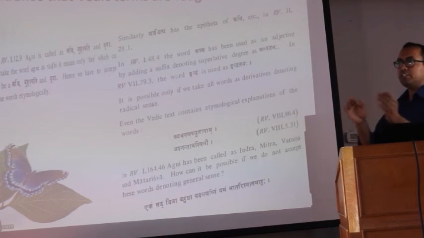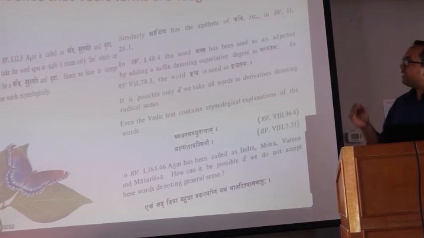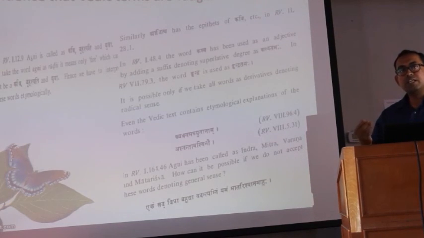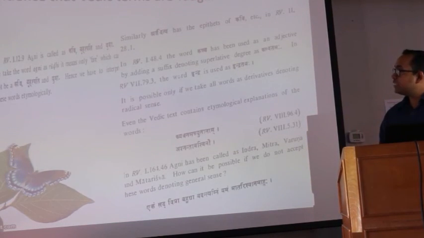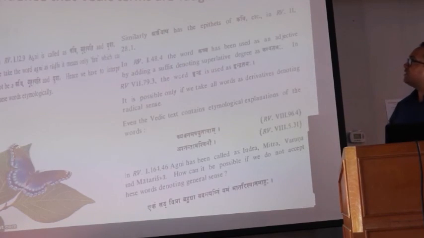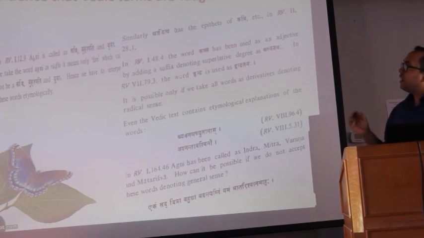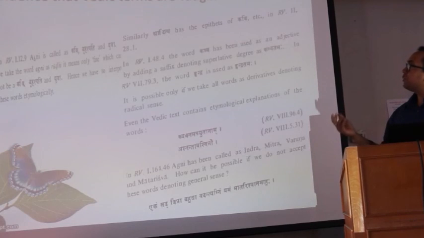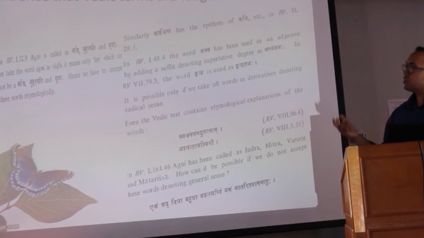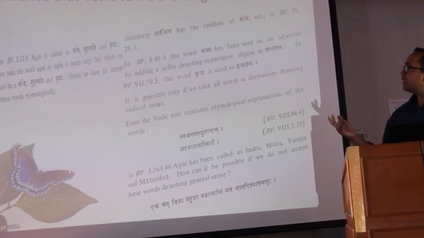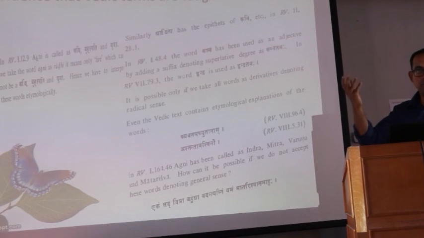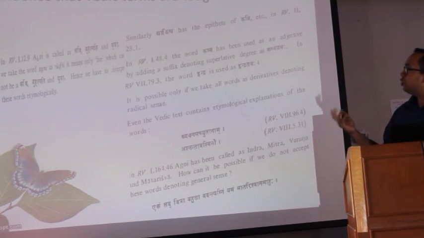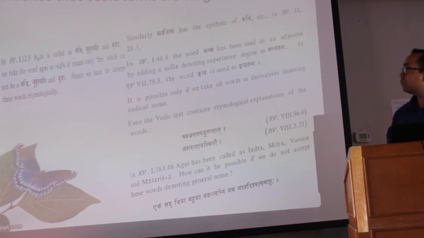So let's go into the journey of Veda and see how the words are used and how the words have changed in meaning over a span of time. In Rig Veda 1.12.9, Agni is called as Kavi, Brahaspati, and Yuva. So Kavi is a poet, Brahaspati, it is one of the planets, and Yuva is youth, young person.